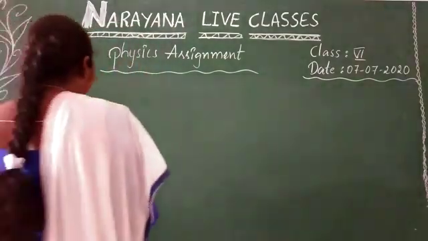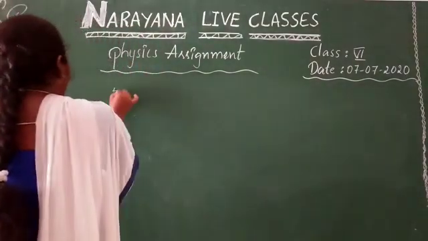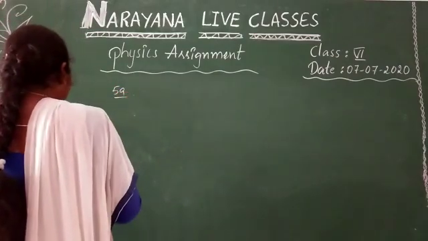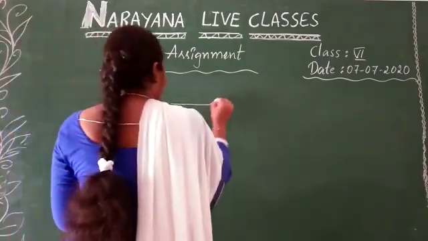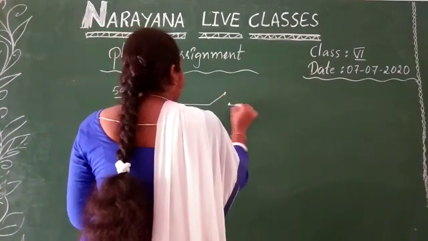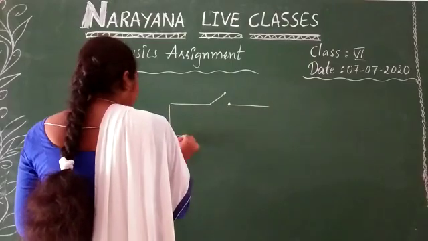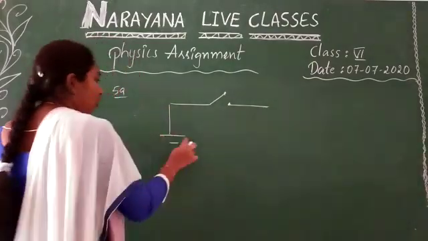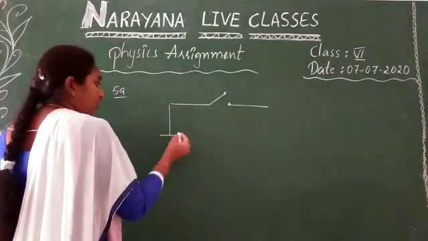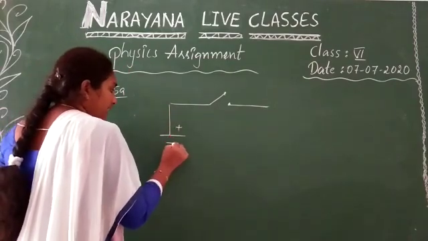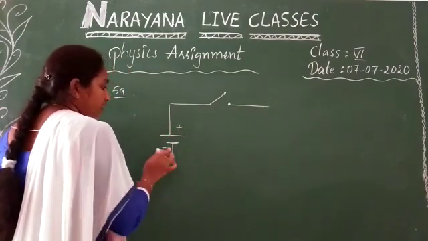simple electric circuit. Here I am drawing the simple electric circuit picture. This we call a switch, and here I am taking a battery. The long line is taken as the positive terminal, and the short line as the negative terminal.